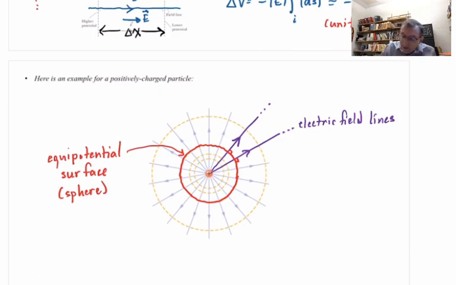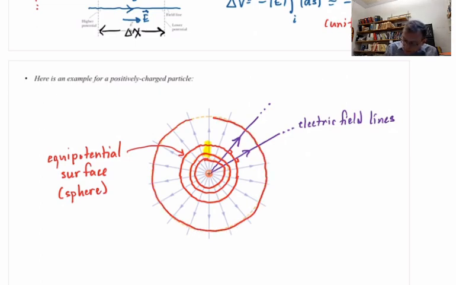Like between those two equipotential lines, there and there, it might be 1 volt. But then these two here, which are closer together, is also 1 volt. And then between the two outer ones, the third one and the fourth one, it's also 1 volt. And the fact that they're getting farther apart is a way of showing you that the field is getting weaker.